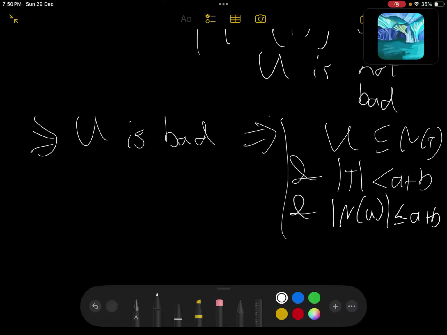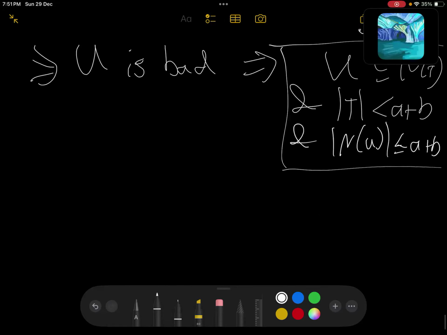So these three things will be satisfied if U is bad: U is a subset of NT, T has less than A plus B neighbors, and NU is at most A plus B. So what is the probability of this?